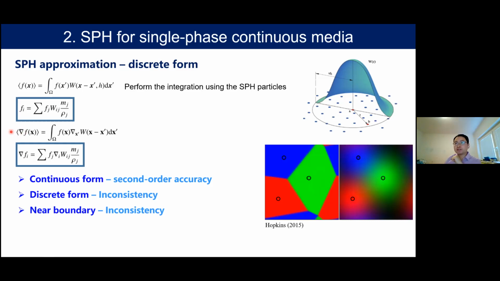So if you are interested, you can find my papers or any other papers that deal with fluid simulations in SPH, and you can find the restoration methods in the literature. And similarly, for the approximation of the partial derivative, you can write the continuous integration form into the summation form, and then you can compute this partial derivative.